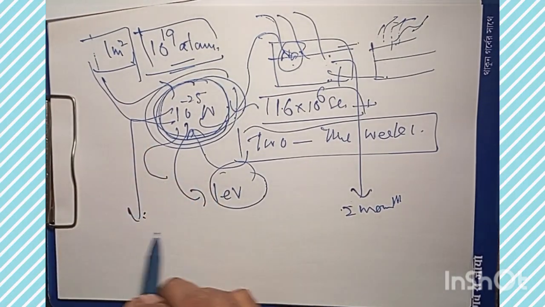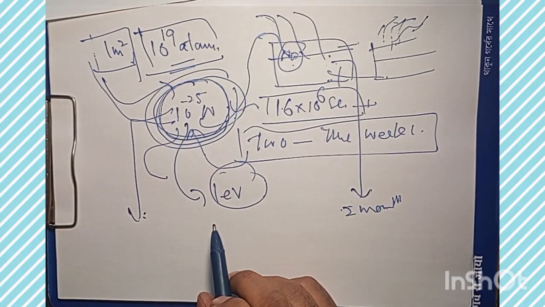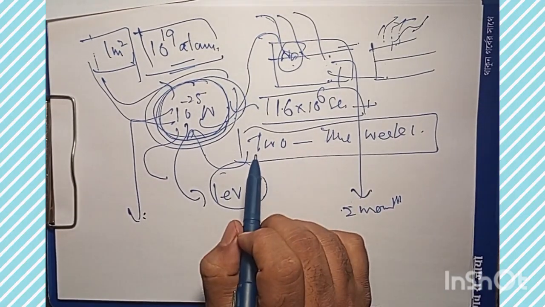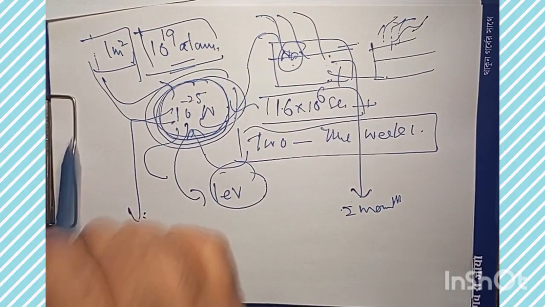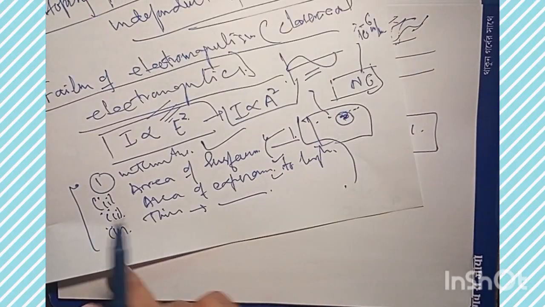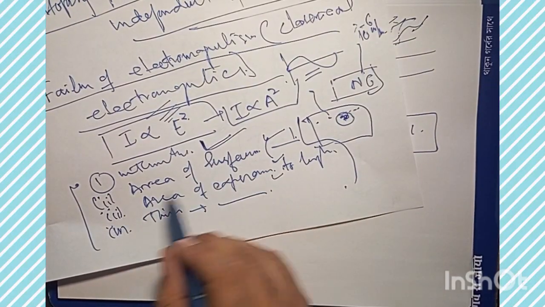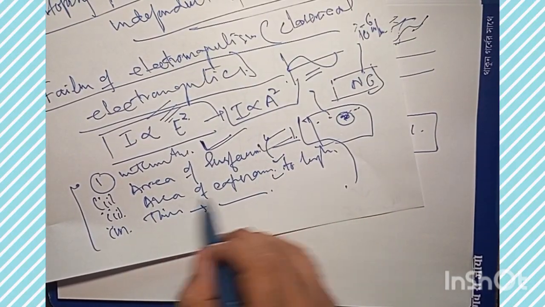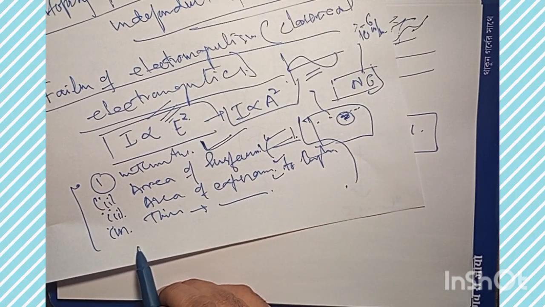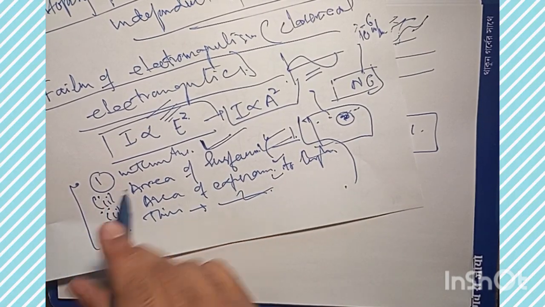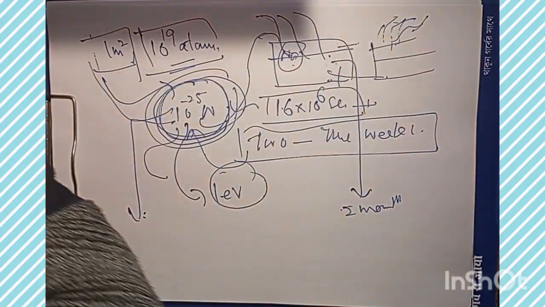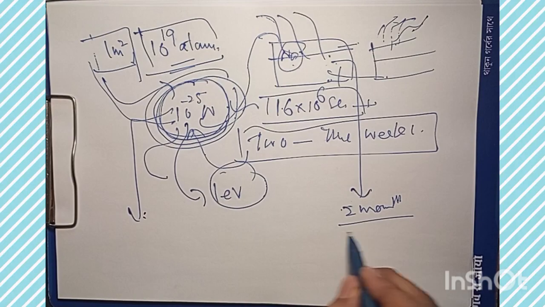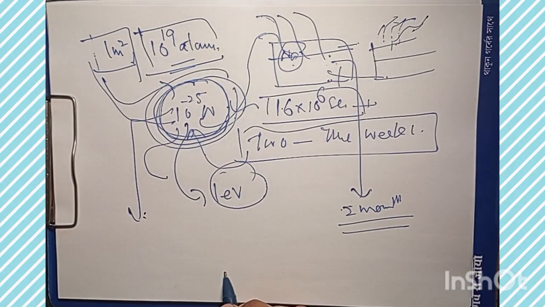So taking this crude example into consideration, which is based on the classical electromagnetic theory, where we have taken into account the intensity, the area of surface, the area of exposure, and time, applying all of these points to a given problem indicates that the electron will take 2 months to get out of this metal surface.